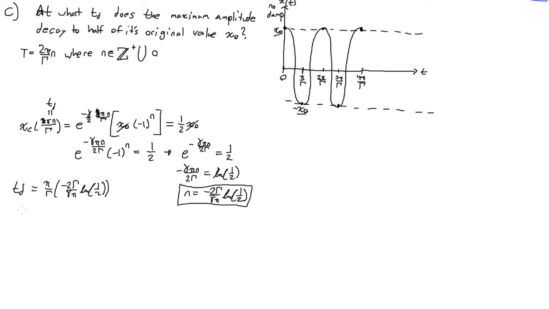So then our time t sub d, well, this cancels with this, and we get negative 2 over little gamma natural log of 1/2. Which this is positive, right? Because if I have a natural log of a fraction, that's going to be negative. Negative cancels negative, and I get that this is positive. So this is our answer, right? Depending on gamma, right? This is our answer.